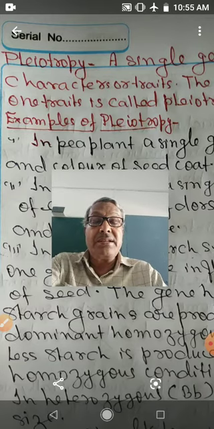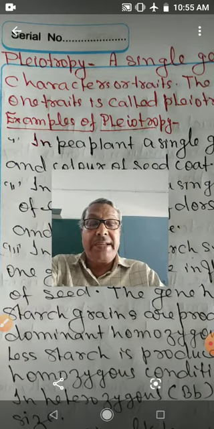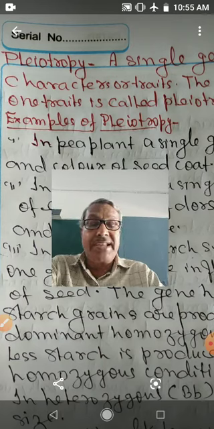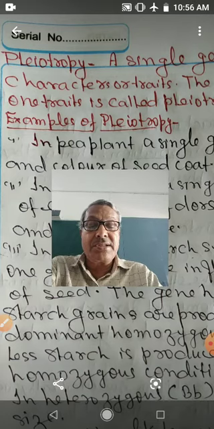So there is a single gene that is influencing the shape of the seed, that is round or wrinkled. When less starch grains are produced, then shape becomes wrinkled, and when large starch grains are produced, then shape of the seed is round.